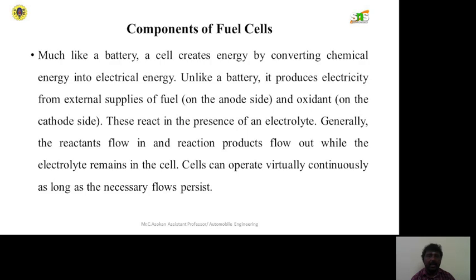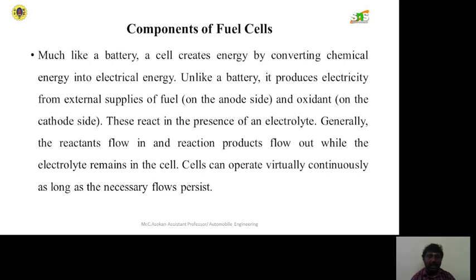Mostly in a battery, a cell creates energy by converting chemical energy into electrical energy. It produces electricity from external supplies of fuel on the anode side, and oxidant on the cathode side.